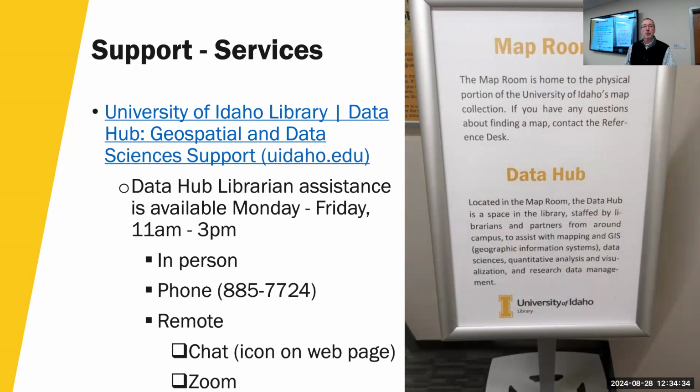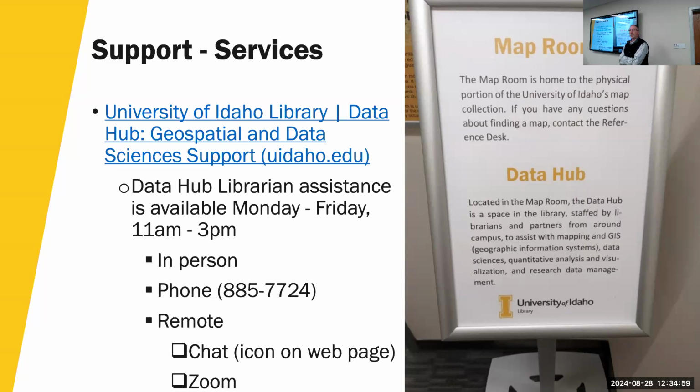For folks who are remote or at a distance, you can do phone calls, first come, first served. For remote, there's a chat icon on the Data Hub webpage. If you search for Data Hub in the library through the library's website, or just in your favorite search engine, you can get to that chat icon, or we can do Zoom.